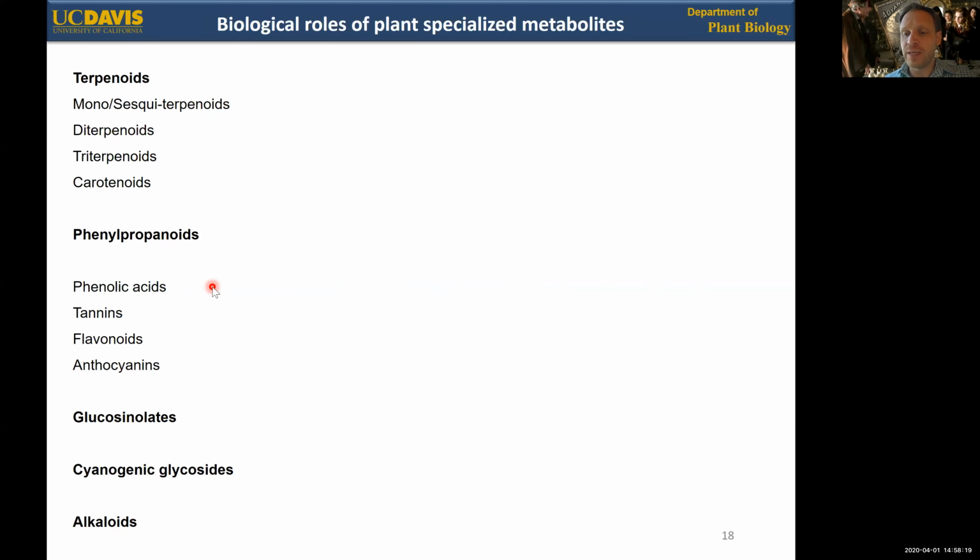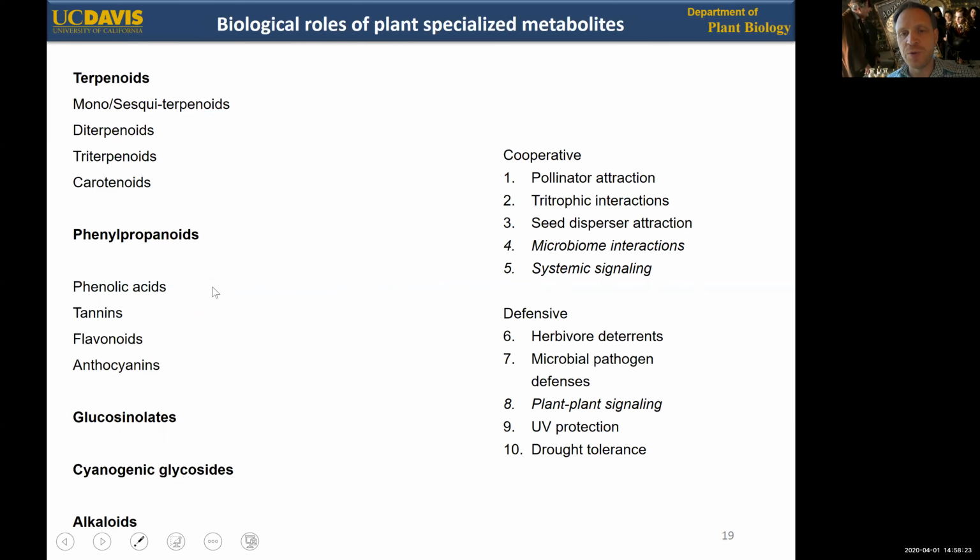All right, so let's do this together. I listed a few things here, and you can largely divide biological functions for this entire group of natural products between cooperative functions and defensive functions. Under the cooperative ones, you can definitely think of pollinator attraction as well as tritrophic interactions.